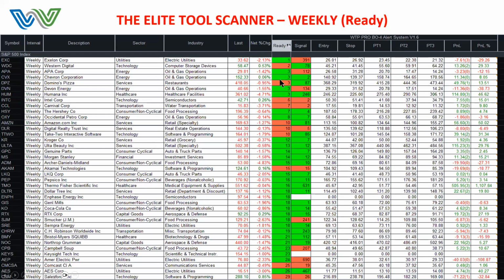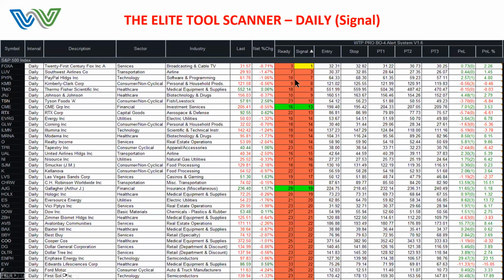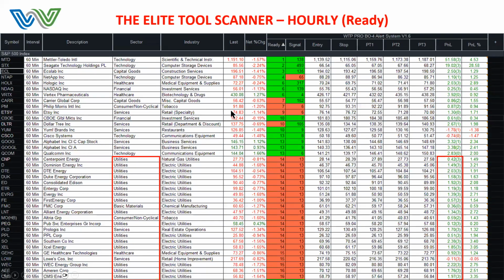So we have more readies here. We can also scan on the daily. Now this gives me an idea of what's going on. These are all red, which means that these were all bearish setups. Okay, interesting. All bearish setups. This is the 60-minute.